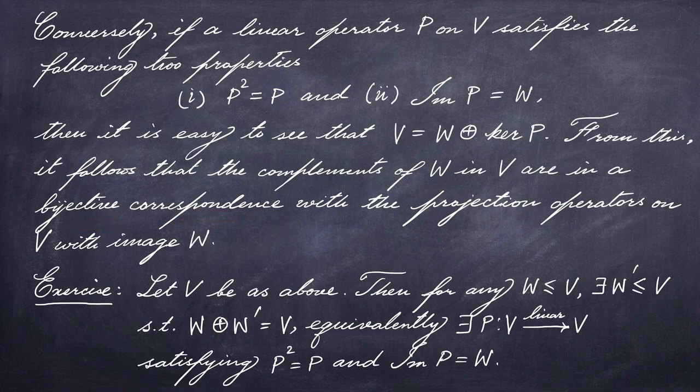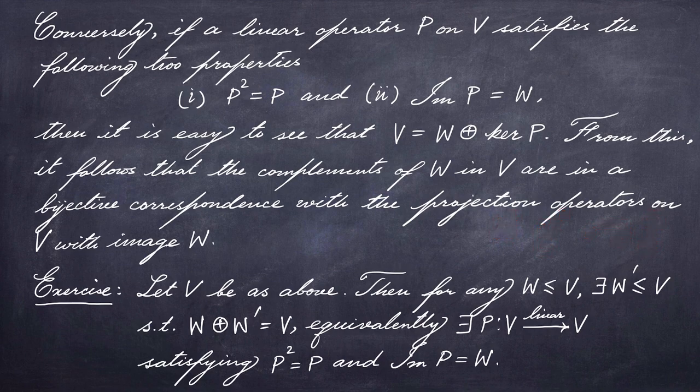Exercise. Let V be as above. Then for any W, again try to understand the situation. So far we have seen that given any W, if W prime is a complementary subspace, then automatically we obtain a projection operator.